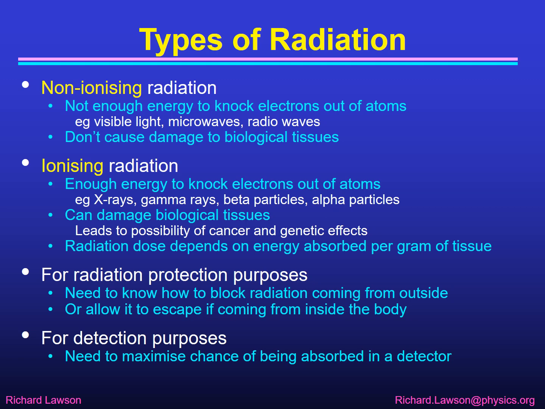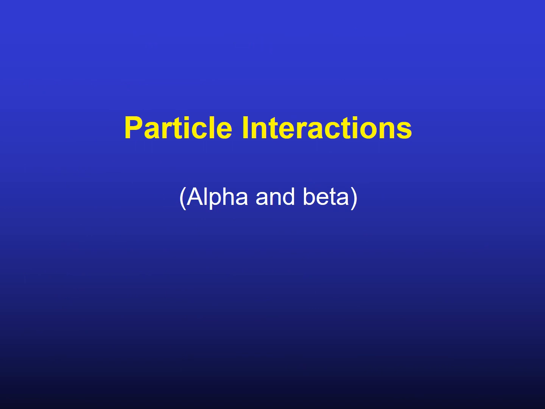However, for detection purposes, we need to know how to maximize the chance of the radiation being absorbed in our detector so that we can detect it. So in talking about the interaction of radiation with matter, we need to take these things into consideration. I'm first of all going to talk about particle interactions. That covers alpha particles and beta particles.